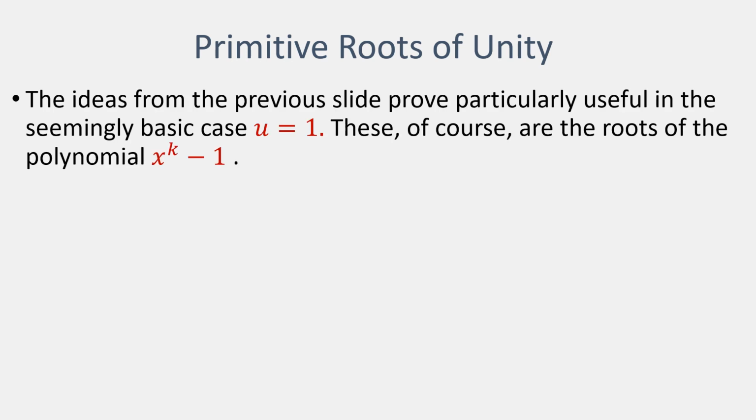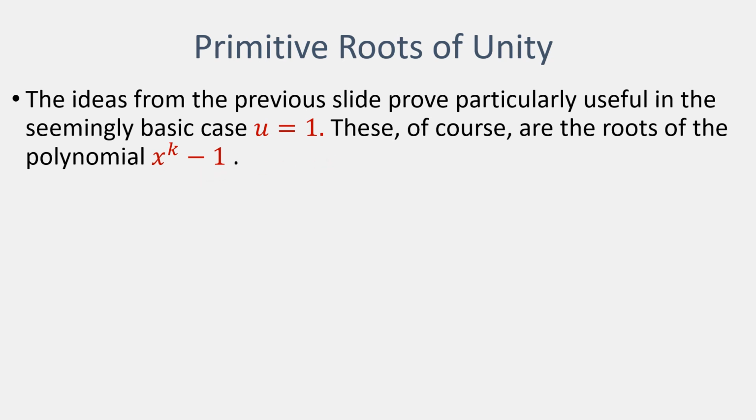One area where this turns out to be particularly powerful is in the notion called the primitive roots of unity. So the case where the number we are raising to a power is 1 may seem rather trivial. Those correspond to the roots of the polynomial x to the power k minus 1.